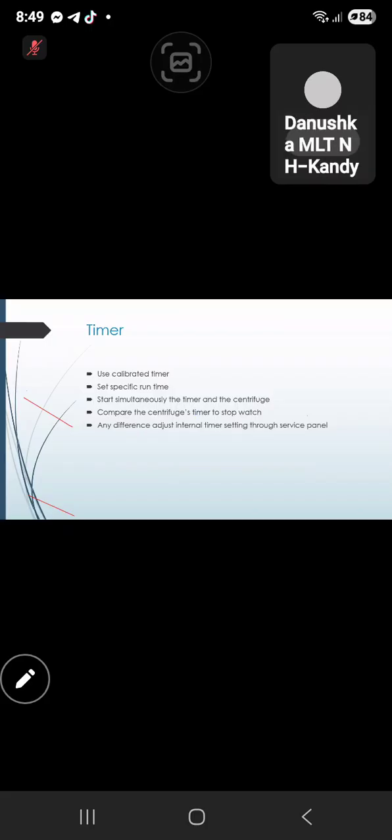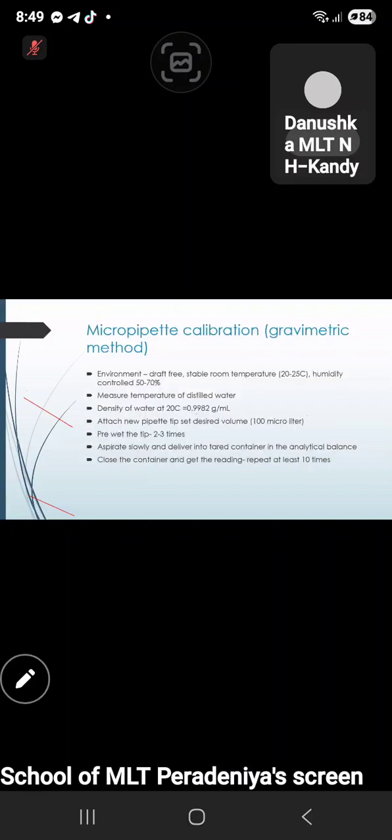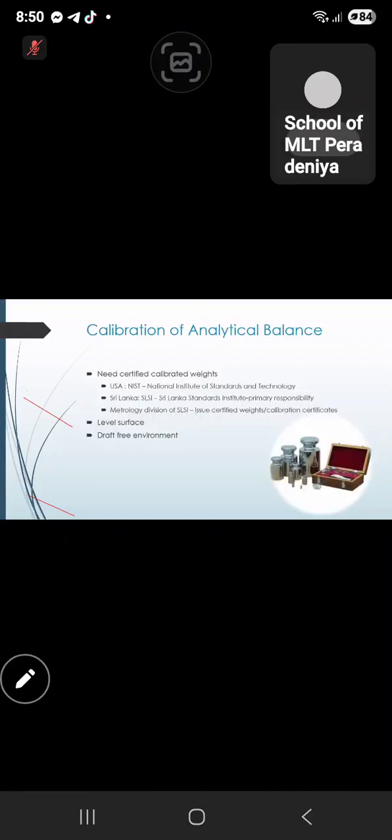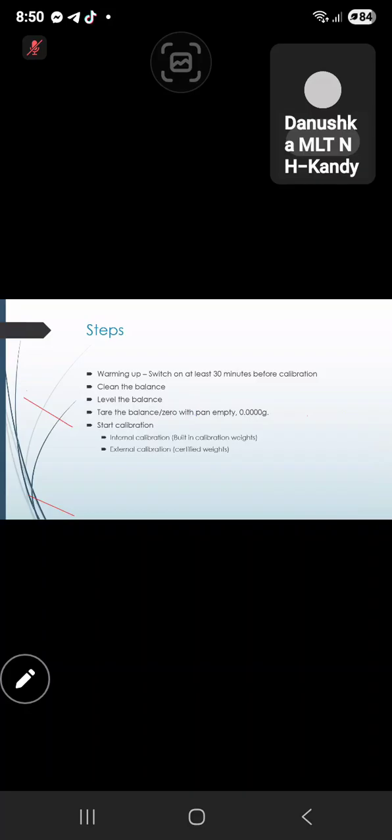In the case of autoclave efficacy, temperature efficacy, there are some strips too, no? Chemical indicator strips. We can use those strips to check whether the temperature is okay or not. Instead of using a probe, it's okay, right? We can check that.